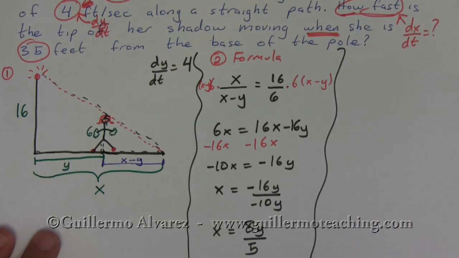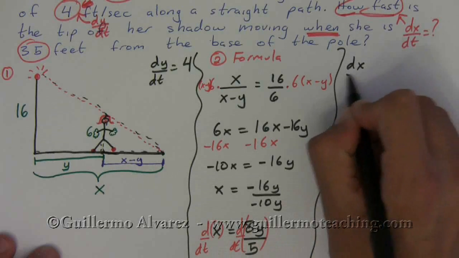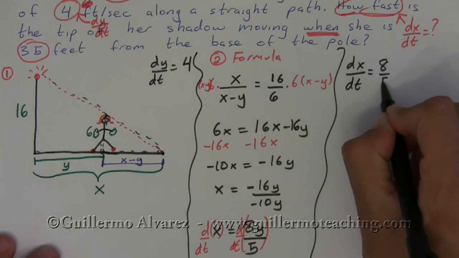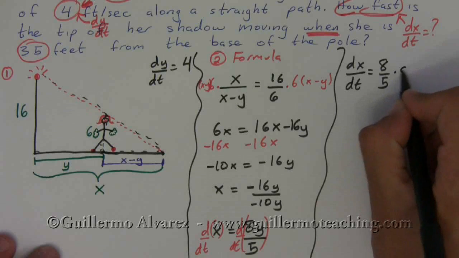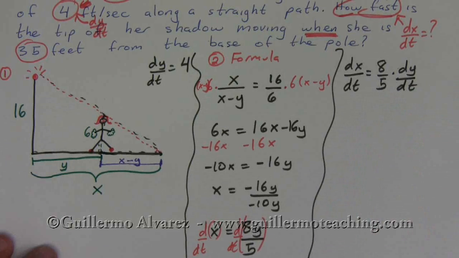Okay. Well, if I know that x is 8y over 5, well, that means when I take the derivative of both sides with respect to time, what I get is on the left dx over dt, and on the right I'm going to have 8 over 5 as a constant, so I can leave it out, and the derivative of y with respect to time.